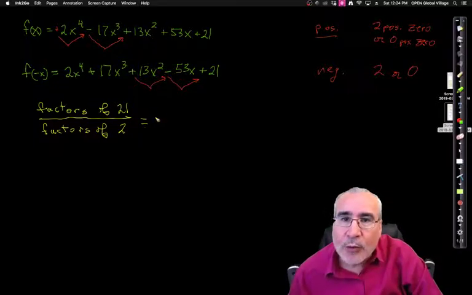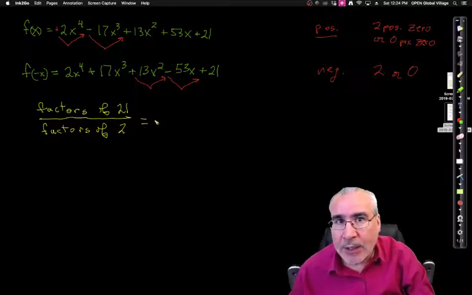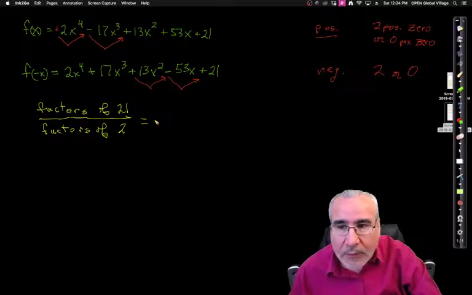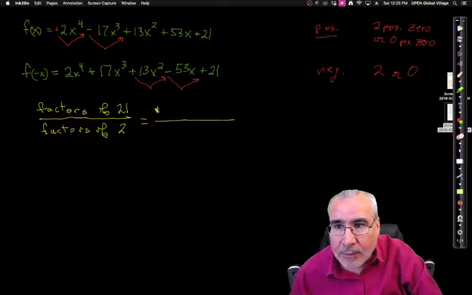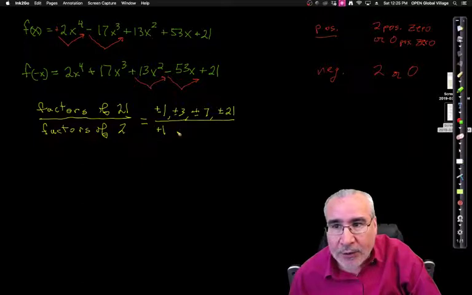So what are all the factors of 21? Well, 1 times 21, 3 times 7. So we potentially have in the top plus or minus 1, plus or minus 3, plus or minus 7, plus or minus 21. In the bottom, we could have plus or minus 1, because the factors of 2 are 1 and 2, or we could have a positive or negative 2.